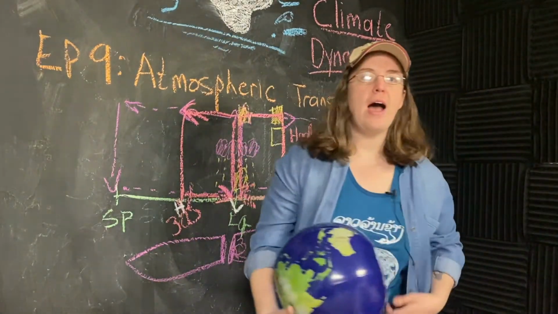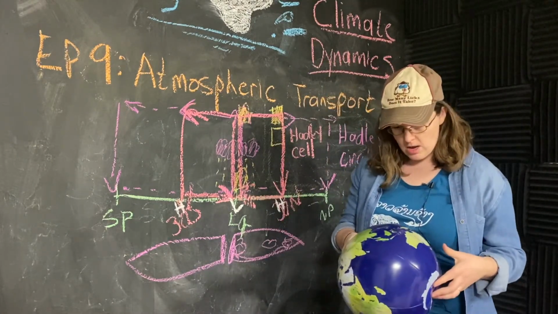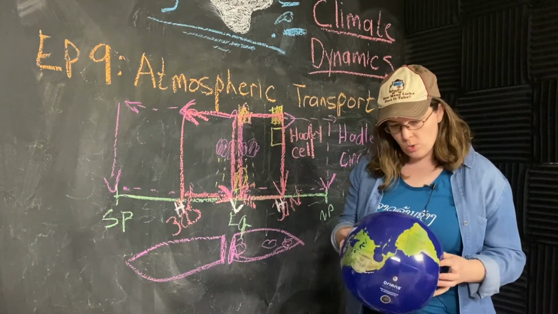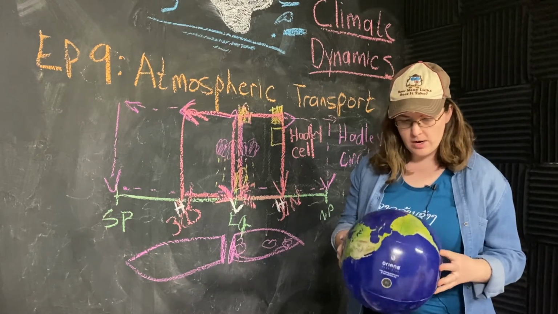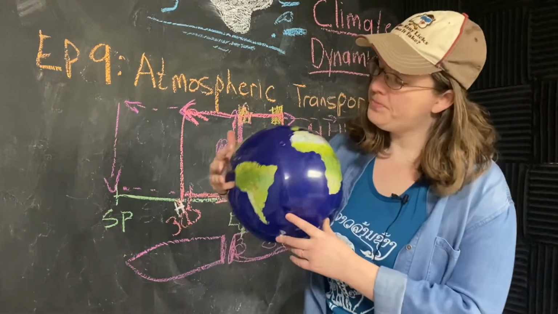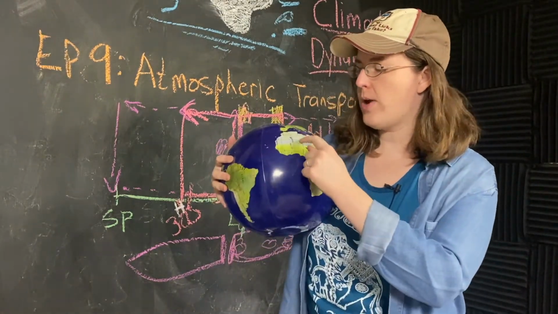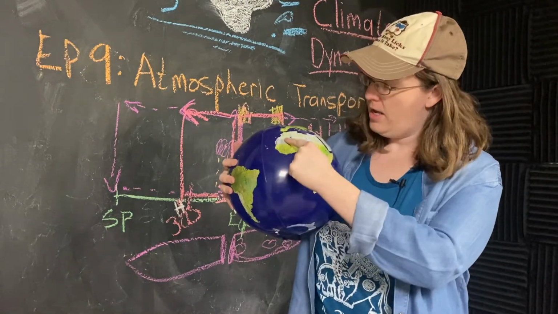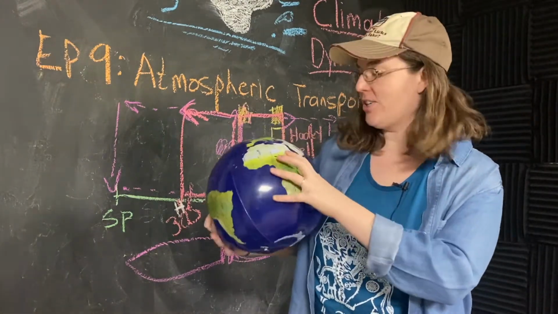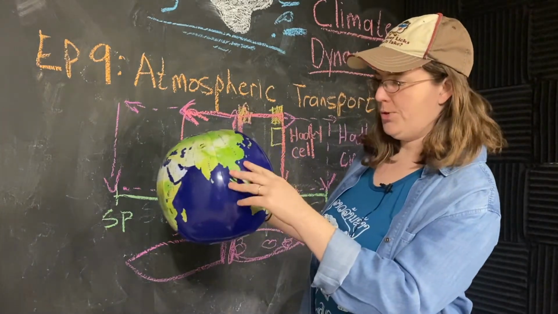I need my globe again. Check out what happens if we trace 30 degrees north around the globe. I hope you can see this. Equator, 10, 20 to 30. So that's between 20 and 30. There is the Sahara Desert. There is Saudi Arabia.